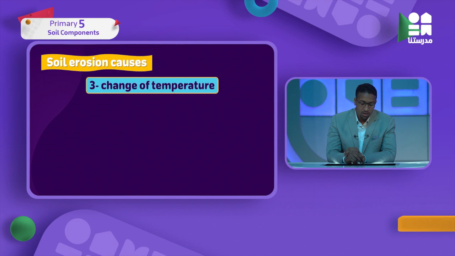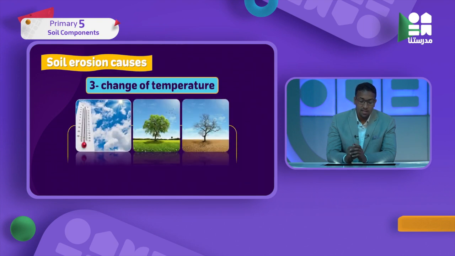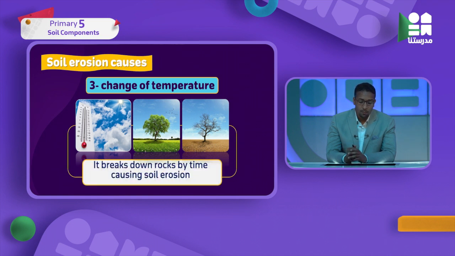And the change in temperature. As we see here in this picture, the temperature breaks down rocks over time, causing soil erosion. We have two pictures here. In one of them the tree is green and the plant is alive, while on the other side all of them died. Why?